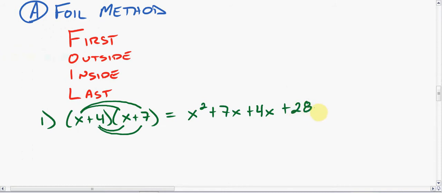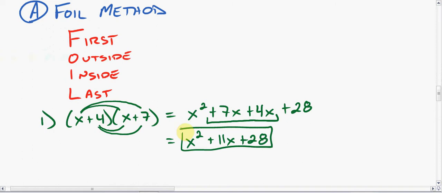The last thing we need to do is combine like terms, and those are our middle terms here. They both have a variable of x raised to the power of 1, so we can combine those, and we've got x squared plus 11x plus 28.